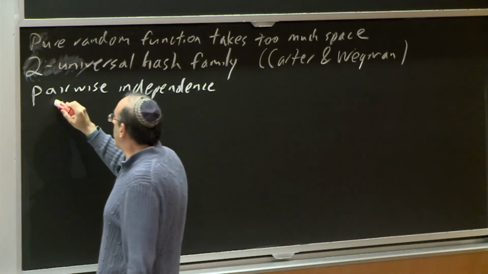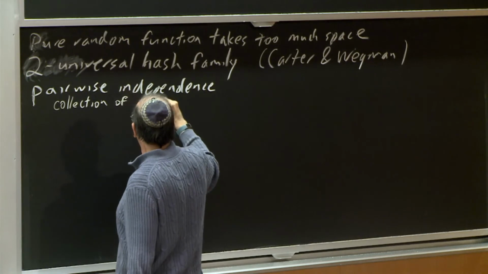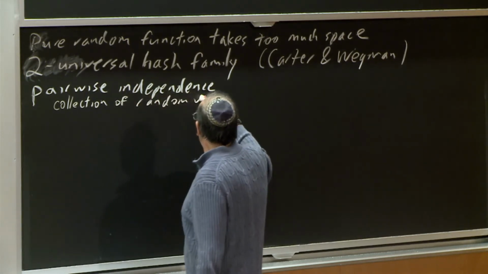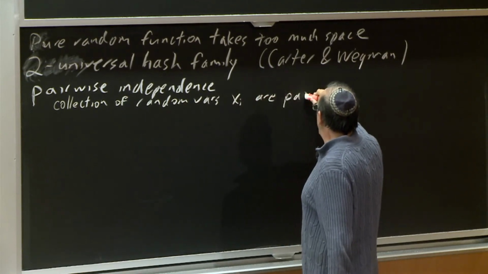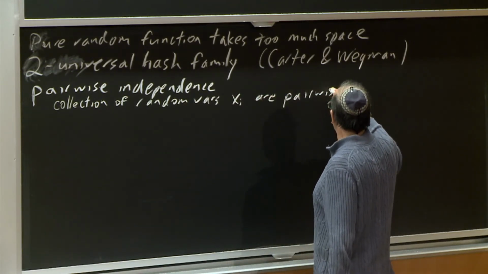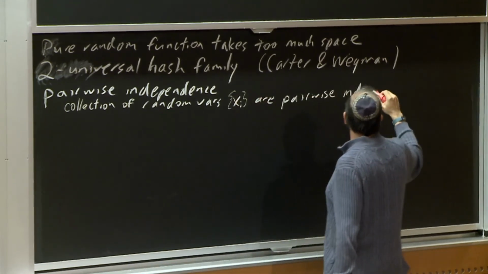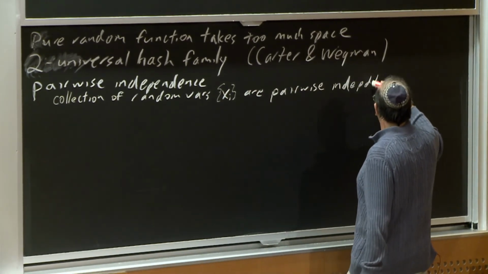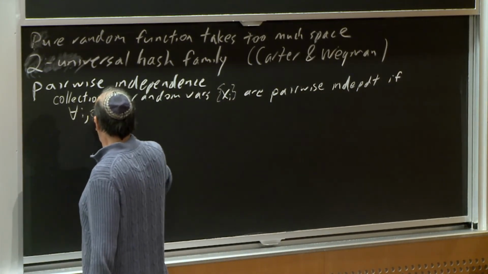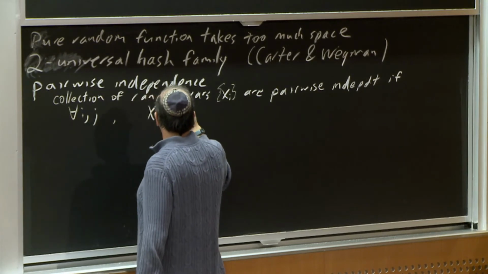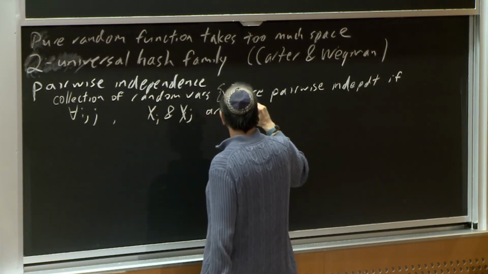We say that a collection of variables are pairwise independent if, for every pair of them, the pair of variables are independent.